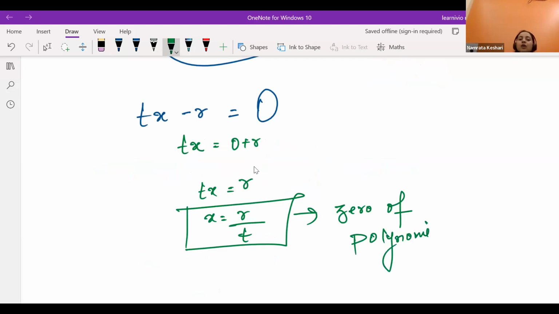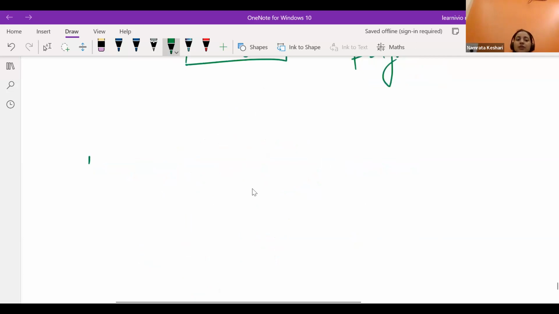Now even if the question will look like this, px is equals to, let's say, just mx, and still if anyone will ask what is the 0 of this polynomial, m is the constant. Even if it is mentioned over here or not mentioned, we are going to take m as a constant only.